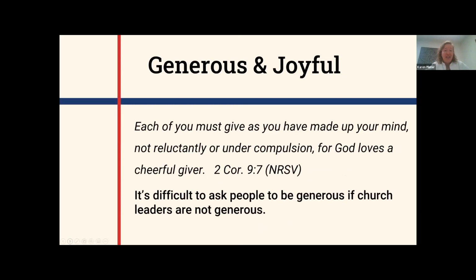As stewards and as treasurers, we remember that in this work we're called to be both generous and joyful. I love the quote from 2 Corinthians 9:7 that God loves a cheerful giver. So we should be working with some of the happiest people in the world because they're giving to the church. It's also important to remember that it's difficult to ask people to be generous if the church leaders are not generous.